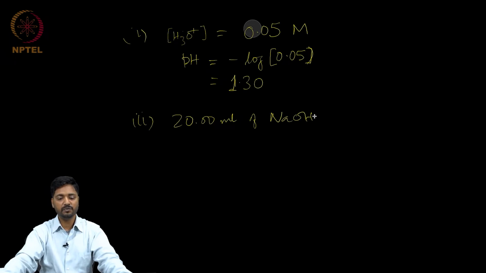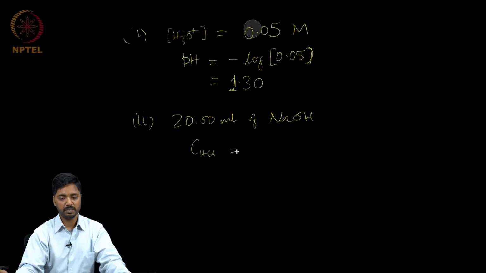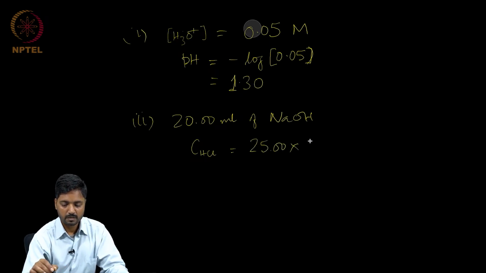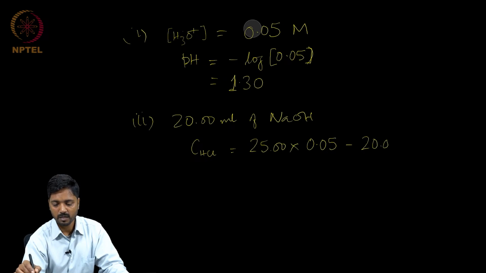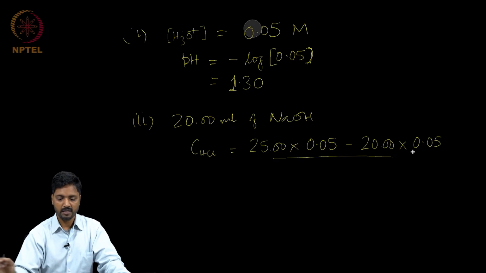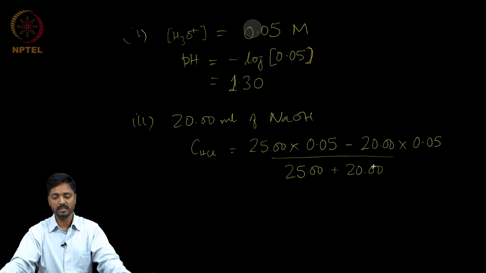So, since the reaction between the sodium hydroxide and the hydrochloric acid is stoichiometric, the concentration of hydrochloric acid that will be present will now become the initial amount of HCl present minus the amount of sodium hydroxide added, and the volume now would be 25 plus the 20 ml that has been added.